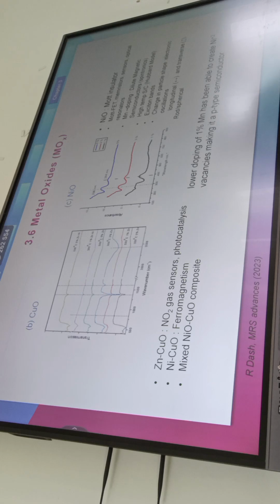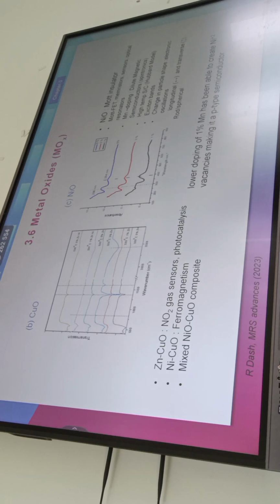And the same for copper oxide and for nickel oxide, which I have shown. Copper oxide has application in gas sensor and photocatalysis, and nickel oxide shows ferromagnetism. Is it because of nickel or copper oxide?